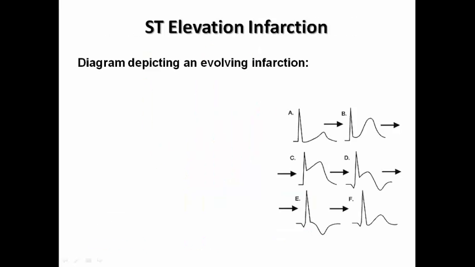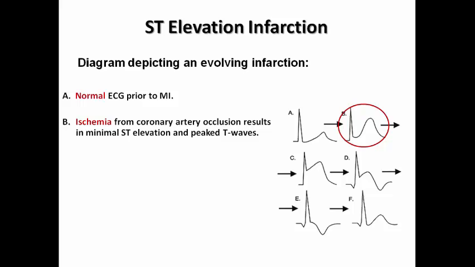Let's explain the ECG sequence in ST elevation myocardial infarction. Of course there is a normal ECG prior to myocardial infarction and prior to coronary artery occlusion. Then ischemia from coronary artery occlusion can result in minimal ST elevation but with a peaked T wave, and sometimes the peaked T wave, or what we call the hyperacute T wave, may precede the ST elevation.